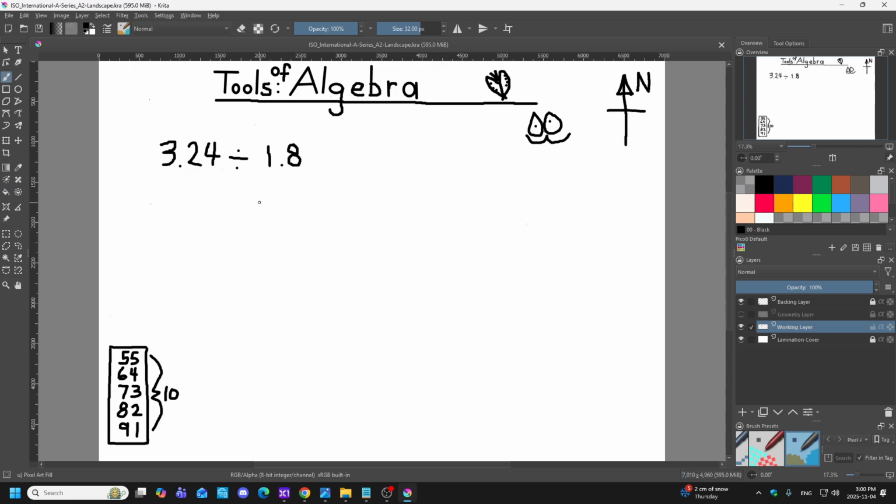I always recommend that whenever you solve division type problems, it's either in fraction form or B, you can put it in quotient or long division form.